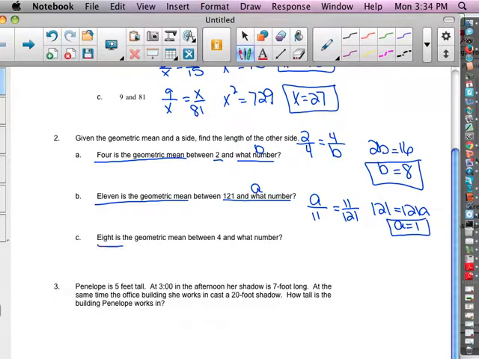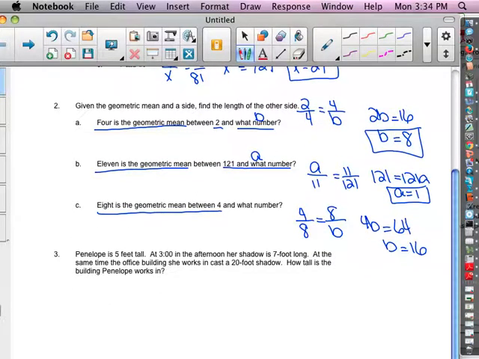C, 8 is the geometric mean between 4 and what number? So 4 is to 8, the geometric mean, as 8 is to b. So 4b equals 64, so b is equal to 16.